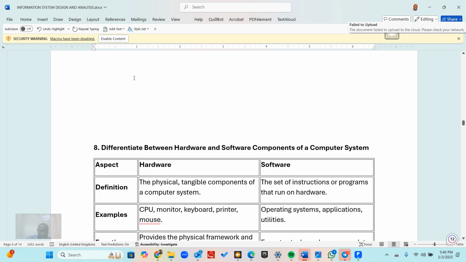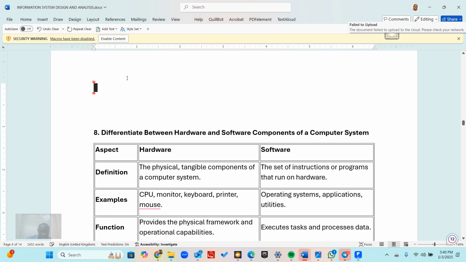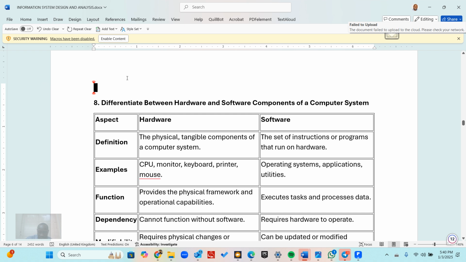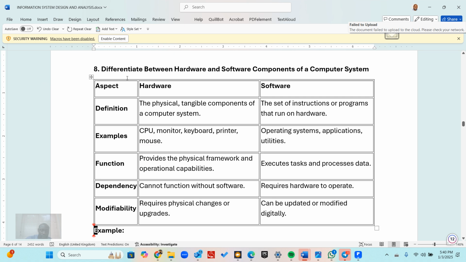So let's see here. We should be able to differentiate between hardware and software of a computer. What aspects of hardware? Let's go to definition, example, function, dependency, and modifiability. First, hardware is the physical, tangible component of the system.